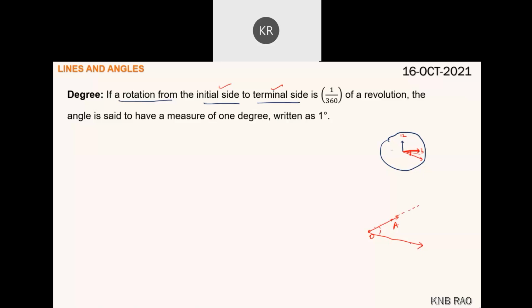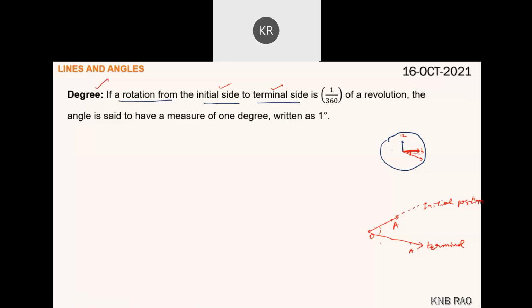The same OA is moving from the initial position to the terminal position. It won't stop, it will keep rotating. The measure of that rotation, we represent in degrees.